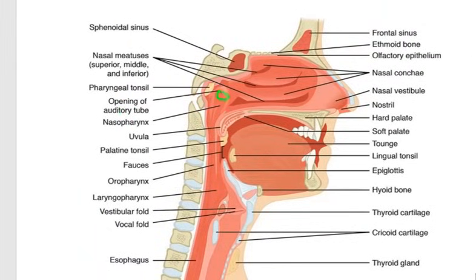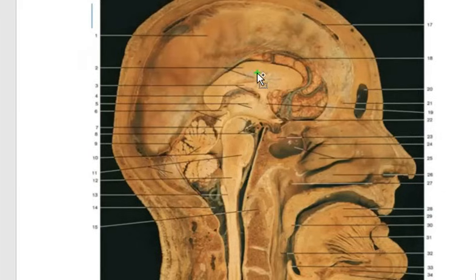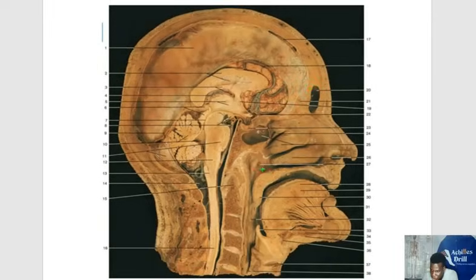The opening for the auditory tube, eustachian tube, otherwise called the pharyngotympanic tube. So we've established here the nasal conchae and the meatuses, the cavities between two successive conchae.